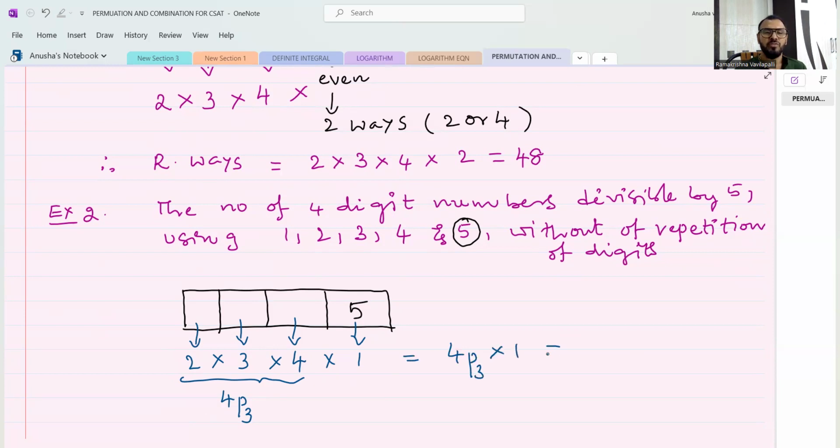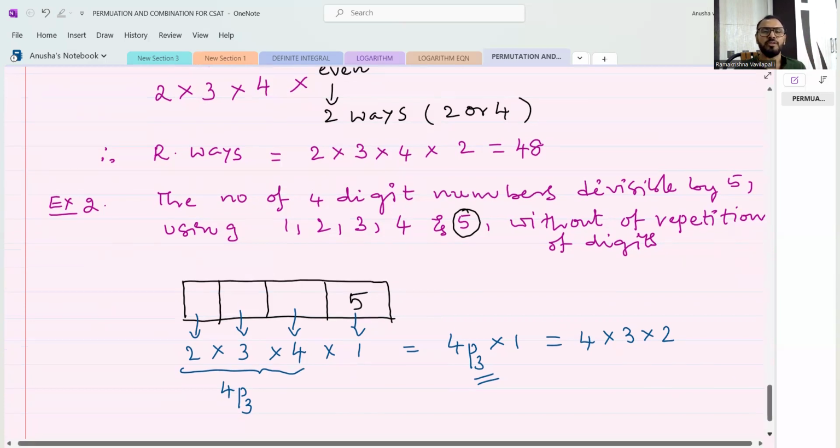So what is meant by 4P3? You see, you start with 4 into 3 into 2. Product of 3 consecutive digits starting from 4. 5P2: 5 into 4, product of 2 consecutive digits starting from 5. 10P4 is nothing but 10 into 9 into 8 into 7.